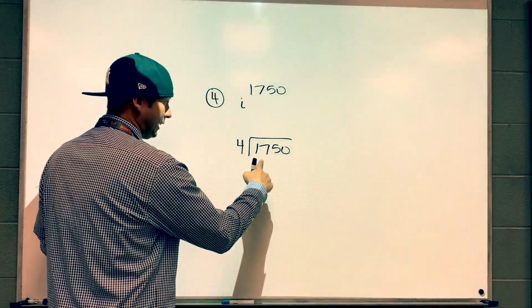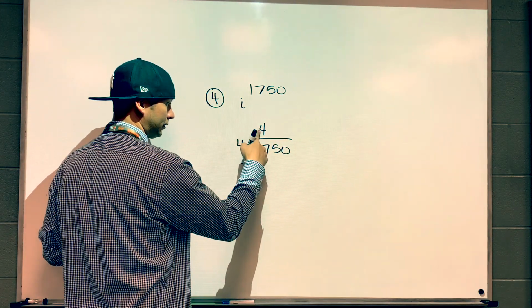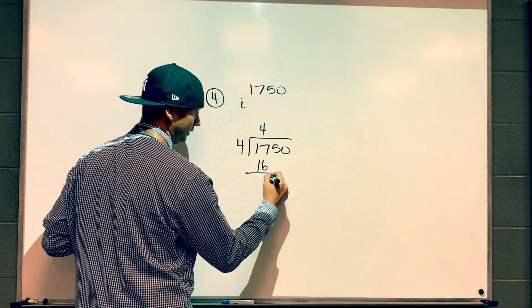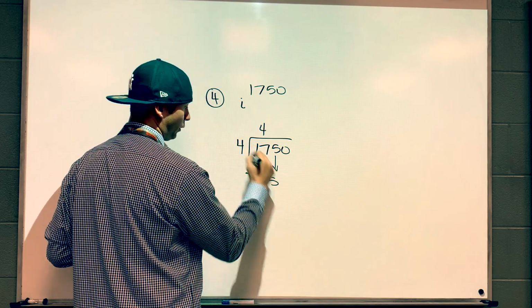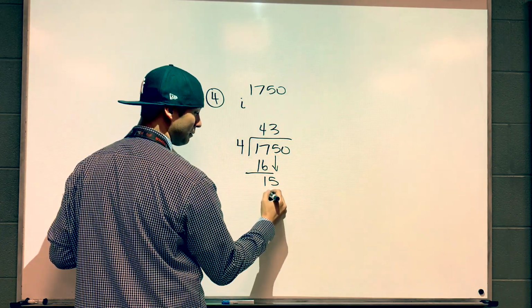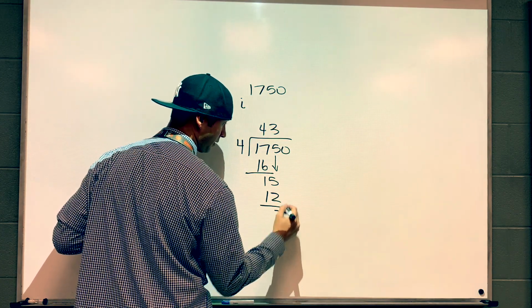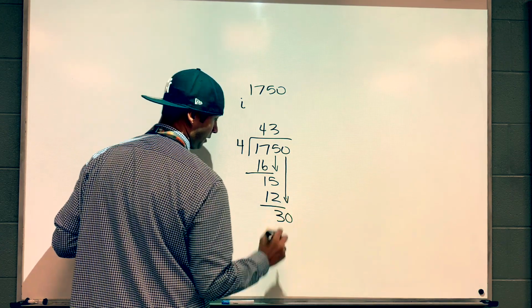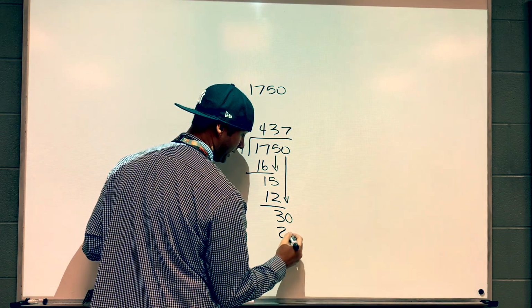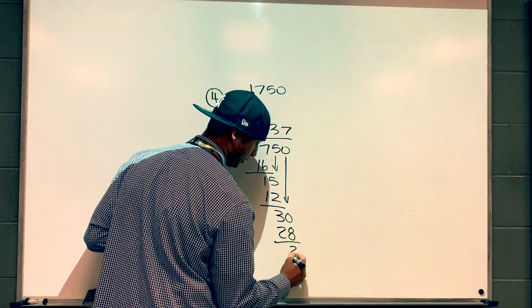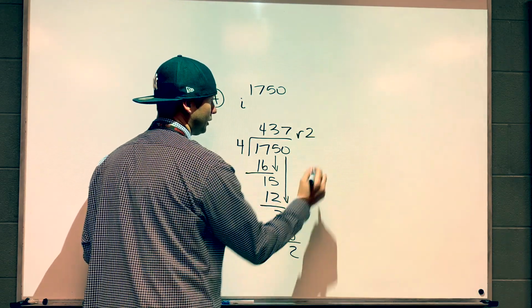All right, 4 goes into 17 4 times. 4 times 4 is 16. 1, bring down the 5. 4 goes into 15 3 times. 4 goes into 30, 7, it's 28, 2. All right, so remainder 2.